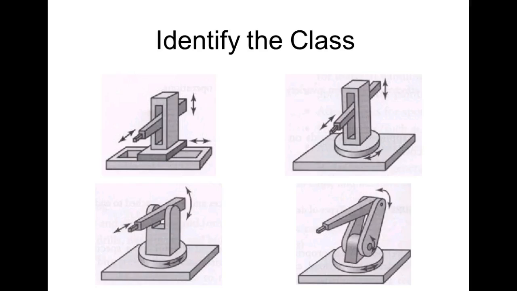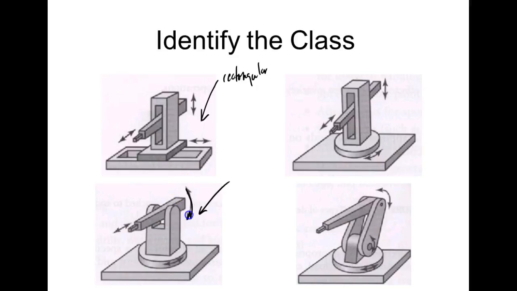And so, which one would be which? What would this guy right here do? Let me get my pen up there first. Cartesian or rectangular. What would this guy be? Yeah, this is going to be a spherical.